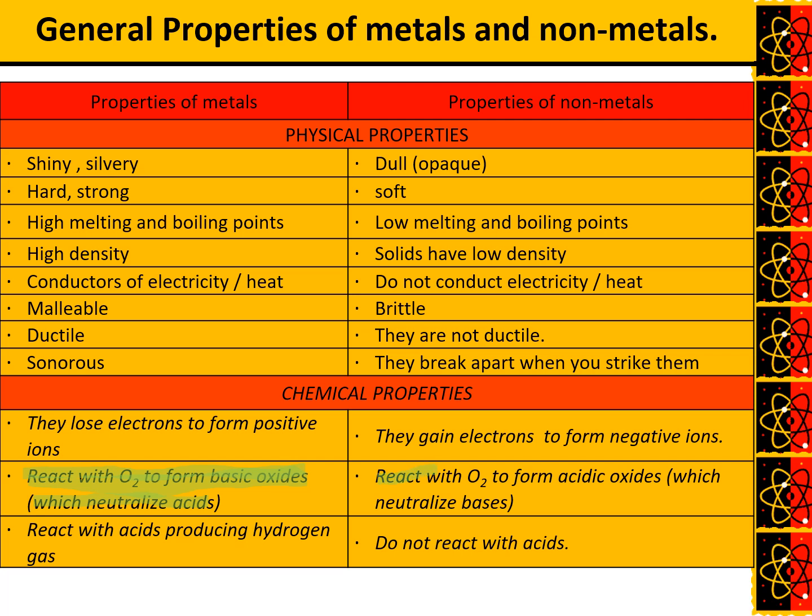And the reactions of nonmetals with oxygen are going to form acidic oxides in general. That acidic is because they are going to form acids with water, and those are going to neutralize the bases. The nonmetals do not react with acids. The metals in general react with acids, producing hydrogen gas, and we saw the exceptions.